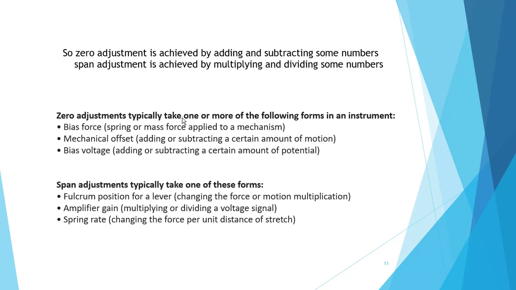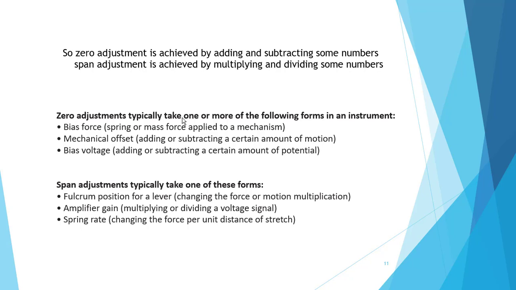Zero adjustment is achieved by adding or subtracting some number. Span adjustment is achieved by multiplying or dividing by some number. Zero adjustment is typically bias force, mechanical offset, or bias voltage. Span adjustment is the fulcrum position of a lever, or amplifier gain or spring rate.